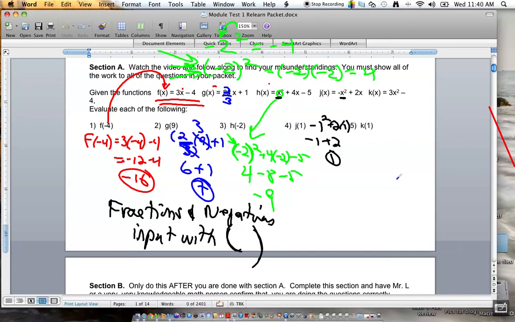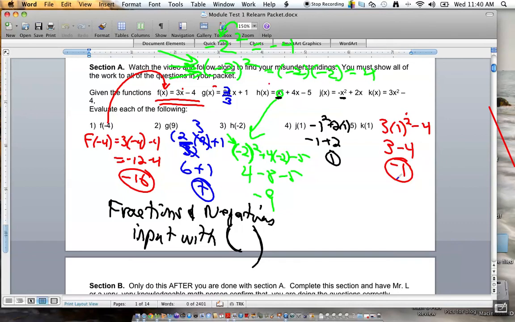And then k of 1 is going to be 3x squared minus 4, so that becomes 3 times 1 squared minus 4. What I'm looking at here is, do you realize that you have to do the exponent first? Square the 1, that's 1, times 3 is 3, and 3 minus 4 is negative 1.